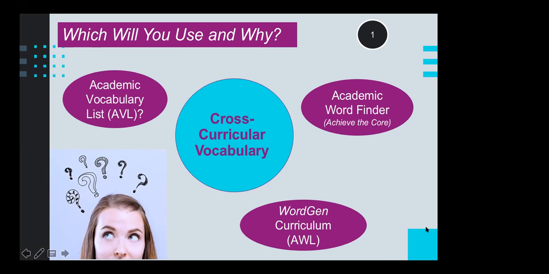So I did the first one. I've actually used the academic vocabulary list and academic word finder, that website. I've used both of those. The academic vocabulary list, I used it once. I would go to the website, type in a word that maybe comes up, and then I would use it to teach the other word families. At first, what I was going to do was kind of start with the first one and teach all of them.